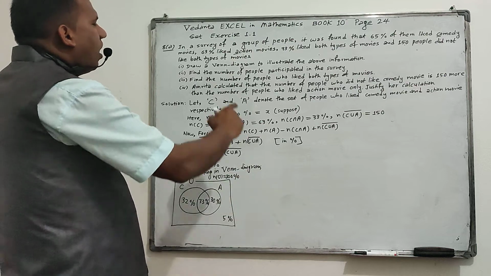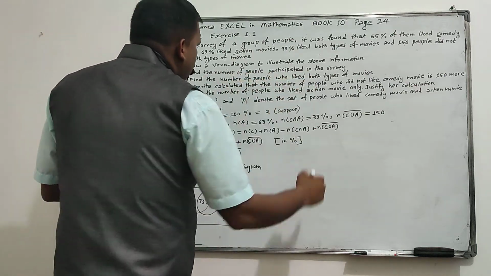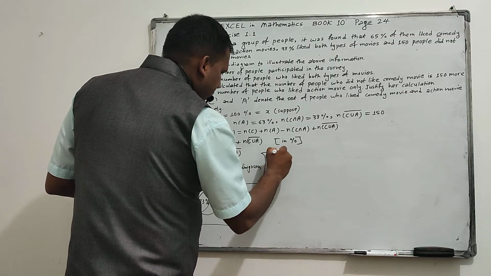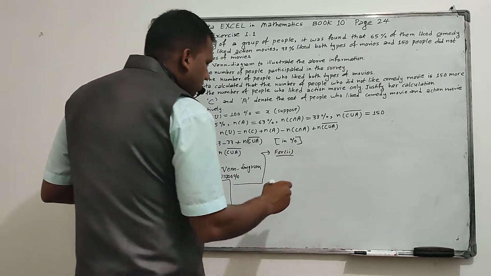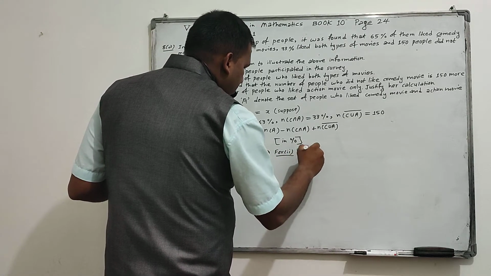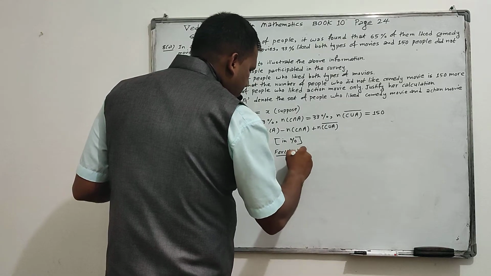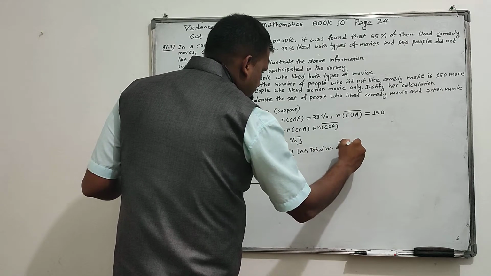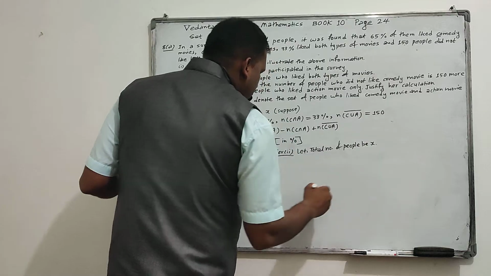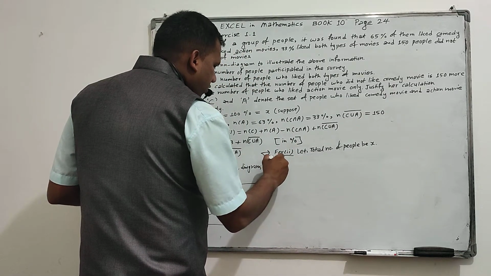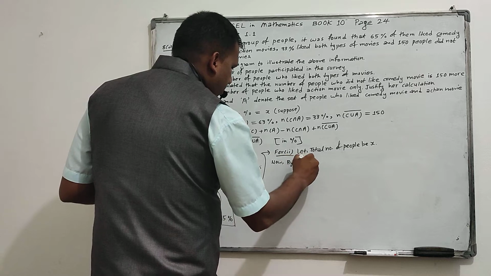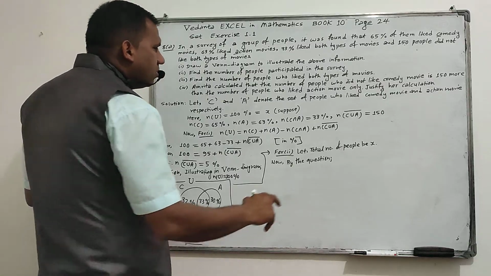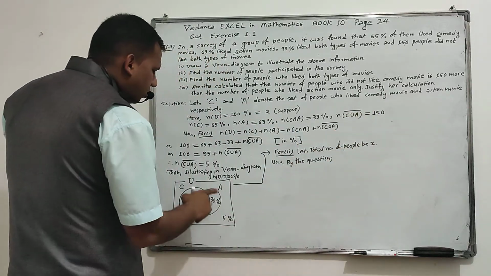Then number 2, find the number of people who participated in the survey. Let the total number of people be X. Now by the question, this complement data is 150, which in percentage is 5%.